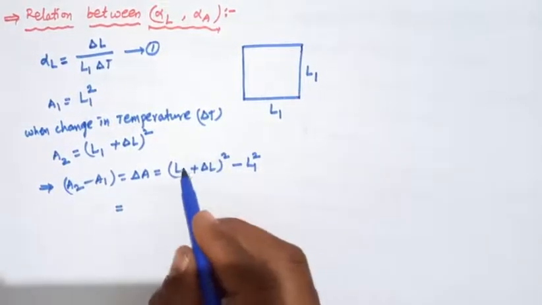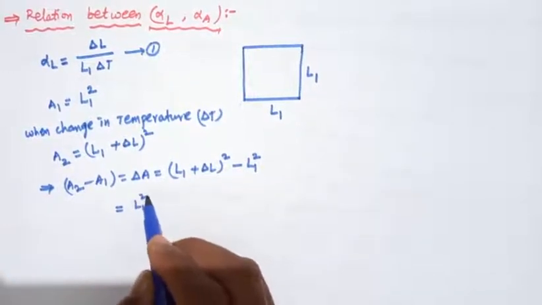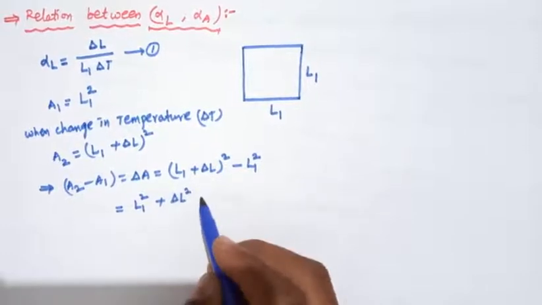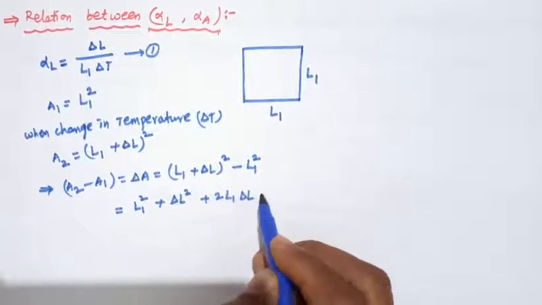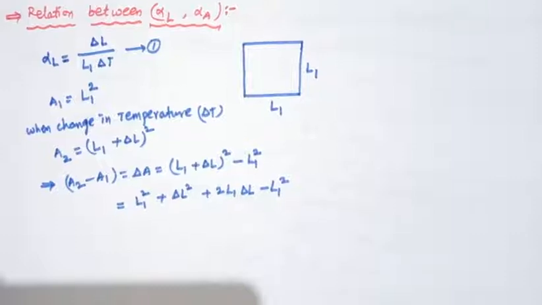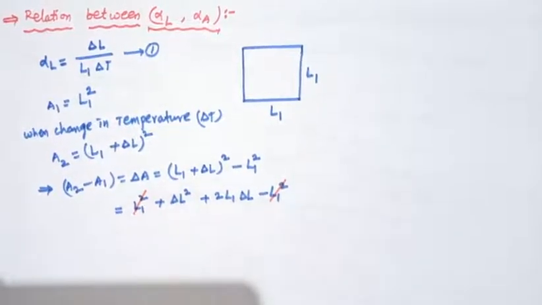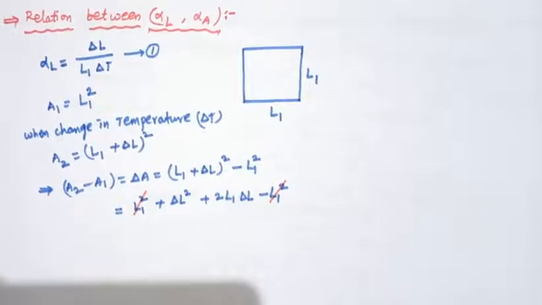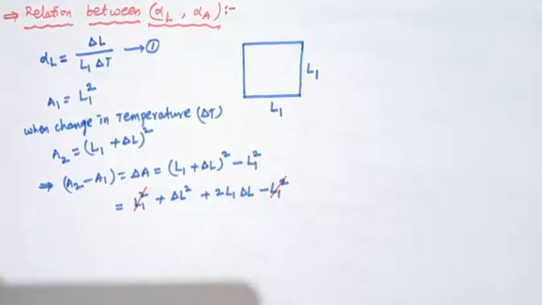That is like A plus B whole square: L1 square plus delta L square plus 2 L1 delta L minus L1 square. Here L1 square gets cancelled, so the remaining terms are delta L square plus 2 L1 into delta L.